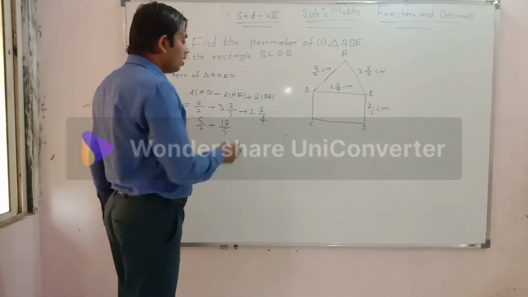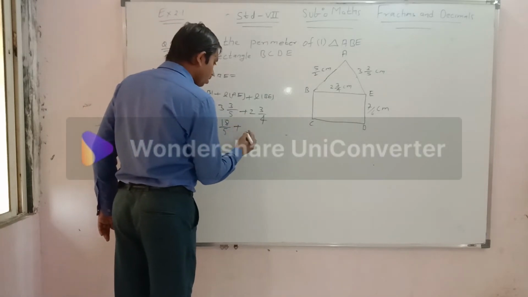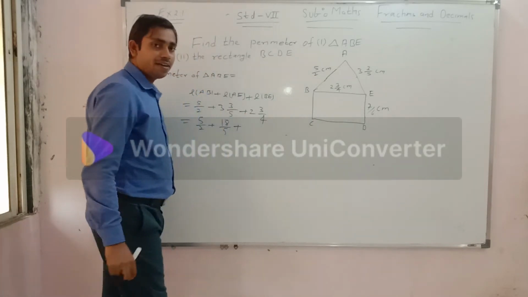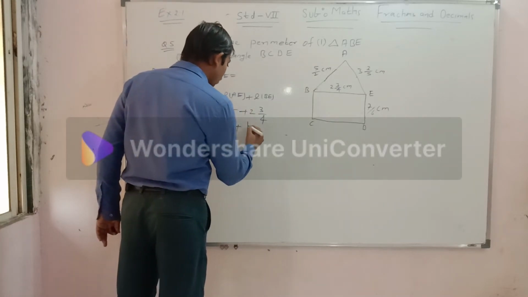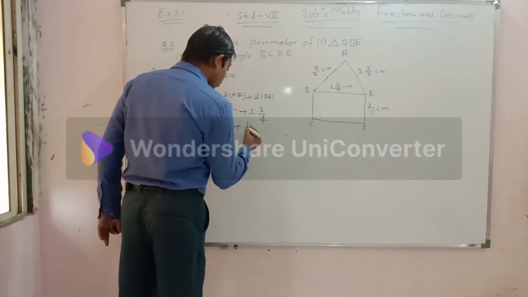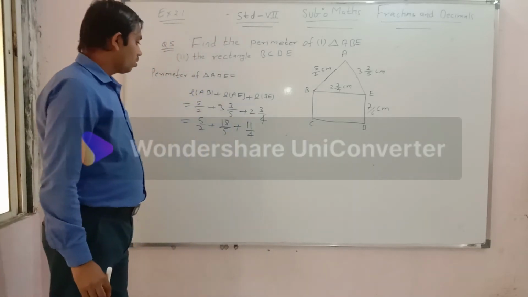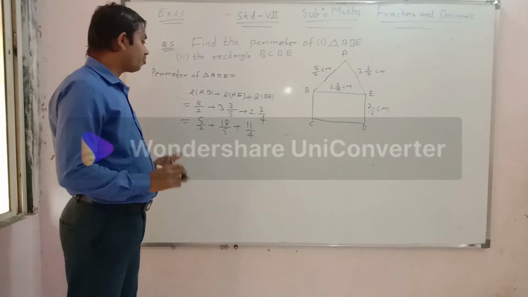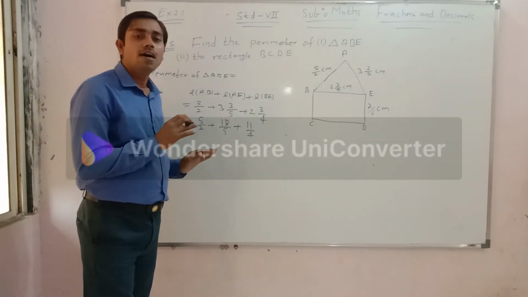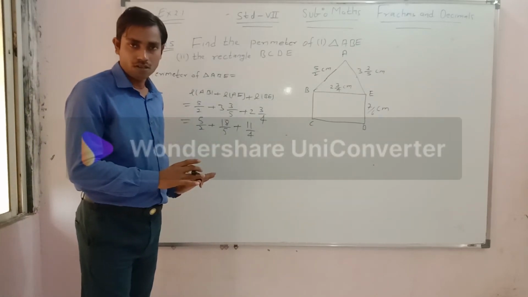Now similarly, let's see for the second one. 4 2s are 8. Now this 8 is added to this 3. 8 plus 3, 11. 11 by 4. Okay, my dear students. So now we got simple fractions, but these fractions are unlike fractions.